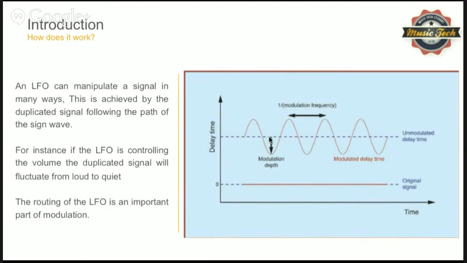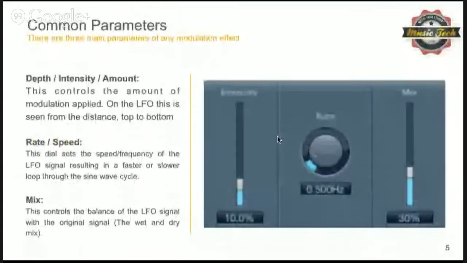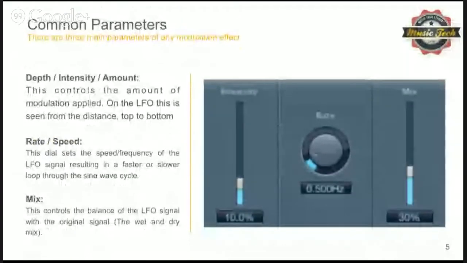If you sped the rate up, you can have one cycle per half a second or one cycle per tenth of a second, making that fluctuation in volume go really quickly, giving you this ducking effect, which a lot of guitarists like, or it could be controlled another way. It could be controlled by pitch. I'm just trying to think of other ways in which you control that oscillator, and there are many.